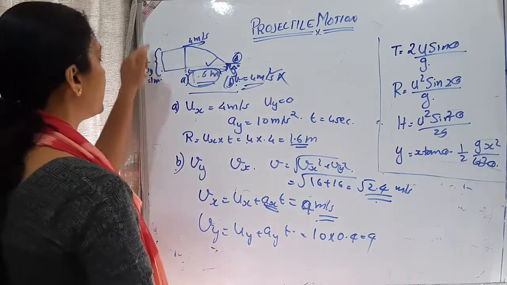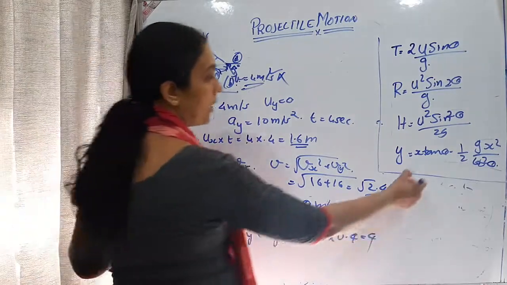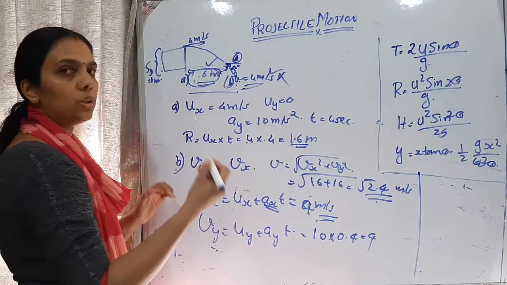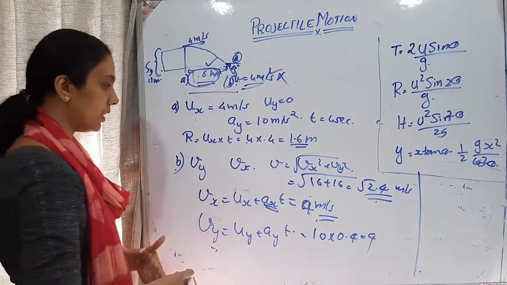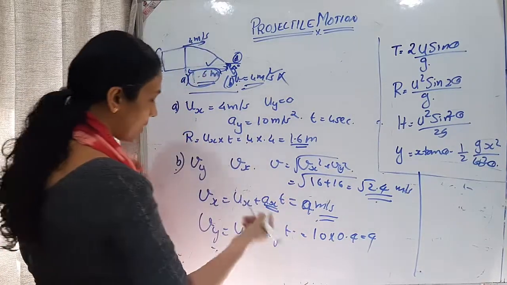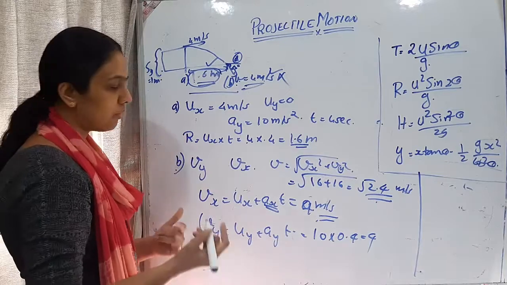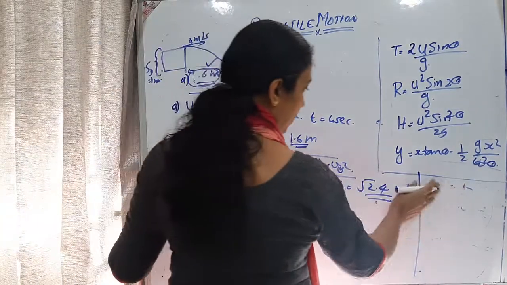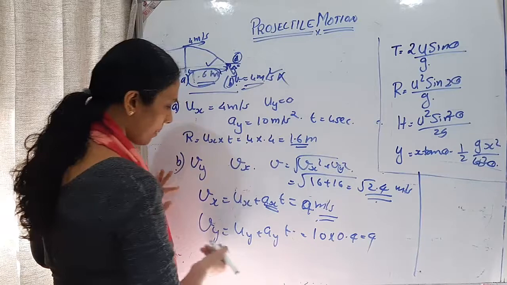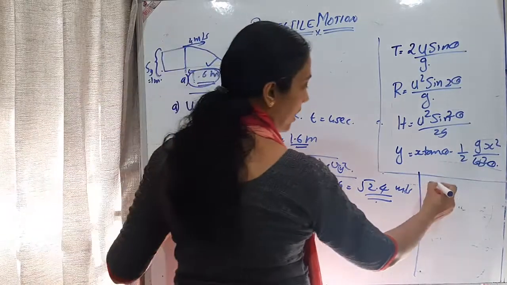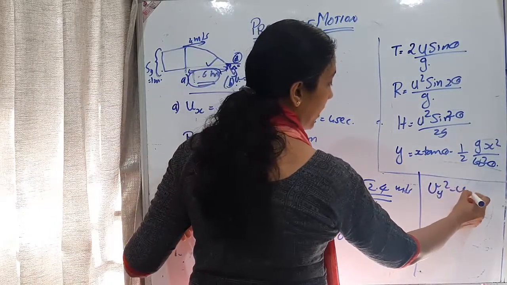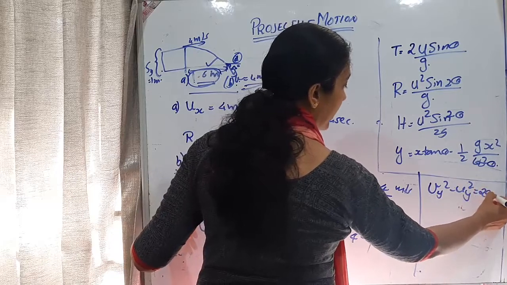Then next is distance along the y-axis. So vertical distance. Vertical distance means we need to consider s is equal to ut plus half at square, or v square minus u square equals 2as. Any one formula we can use. So here I am using v square minus u square, because we already got Vy. Vy square minus Uy square equals 2 Ay into s.